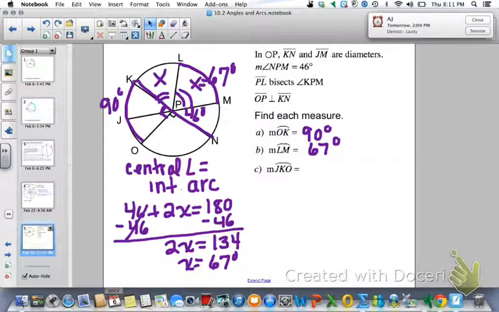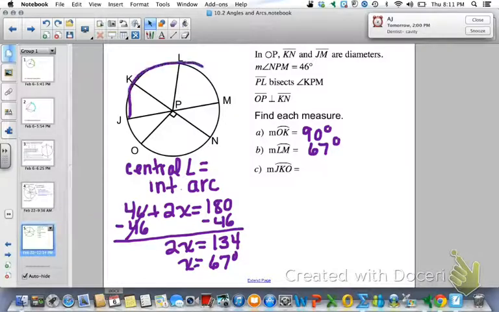The last angle I want to find here, and actually not the angle, the last arc, is this one right here, J, K, and then all the way to O. Whoops. Let's fix that. Okay, so we know this is 90. This was given to us that it was 46 degrees. We just found this one to be 67, and we knew that these two angles are equal, so that's 67.